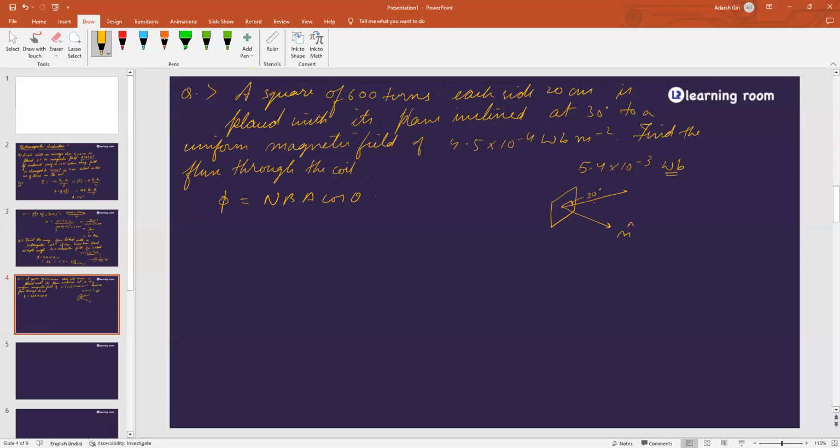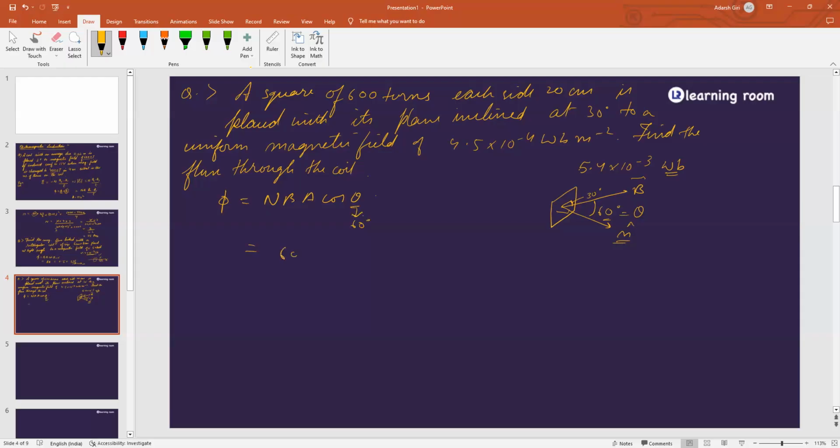So from here, this angle will be 60 degrees. So this is what our theta will be. This is the magnetic field. They have given it inclined at 30 degree to the uniform magnetic field. So the magnetic field is inclined to the area at 30 degrees, but we need to find the angle from the area vector. Area vector is perpendicular to the area. So this theta will be 60 degrees. That is the trick here.